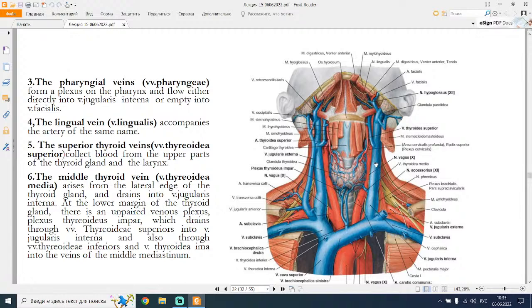This is the vena jugularis interna. Next, vena thyroidea media. It arises from the lateral edge of the thyroid gland and drains into the vena jugularis interna.